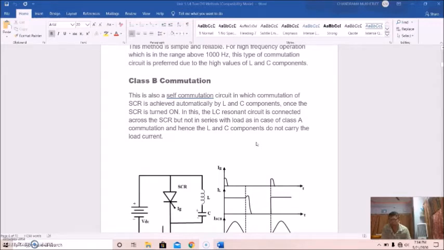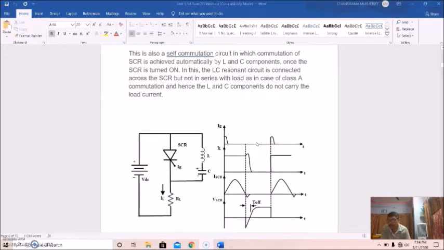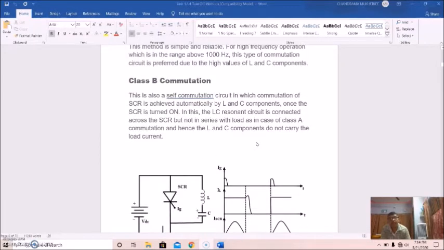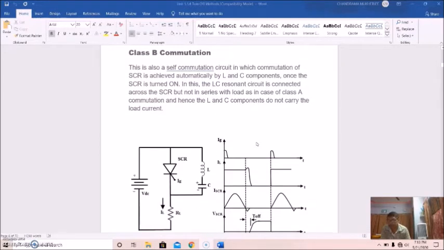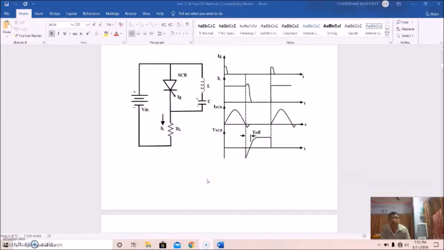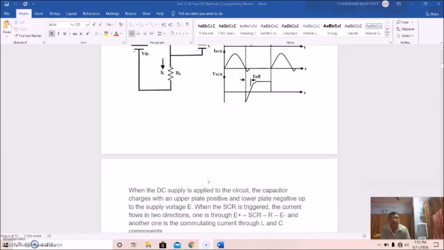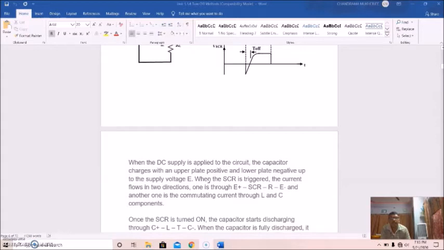There are 4 modes of operation. Initially, at mode 1, a supply voltage VDC is applied, say its value is E. The capacitor charges with its upper plate positive and lower plate negative up to the supply voltage.